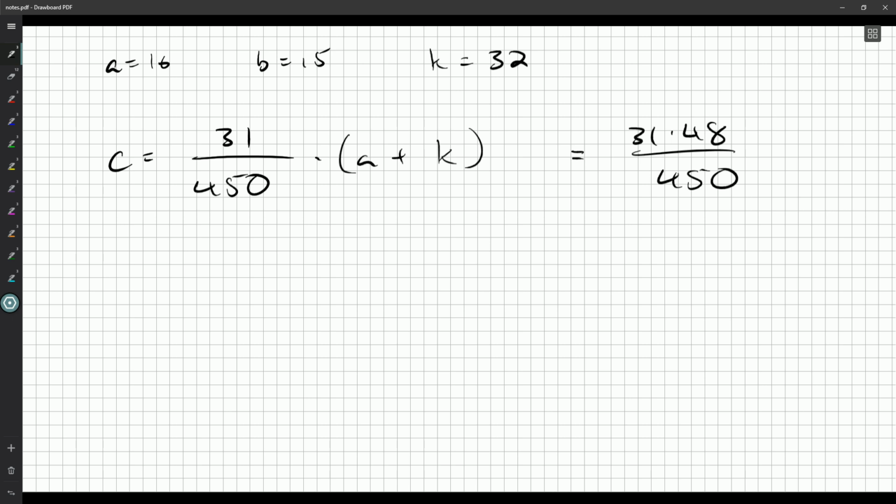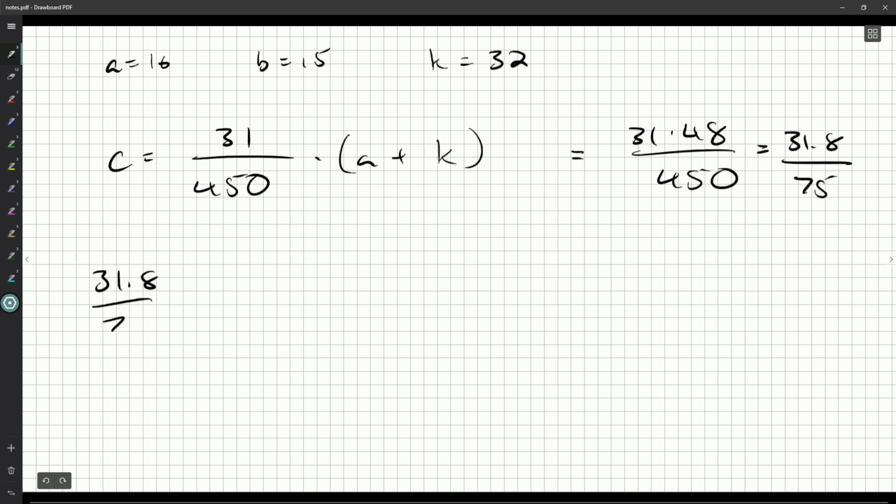Oh, wait, no, I could get rid of, there's a factor of 3 on the top. So 48 divided by 6, I could have 31 times 8. And then 450 divided by 6, I can get 75. Now, if I made c equal to 31 times 8, b would have to be 75 times 15.